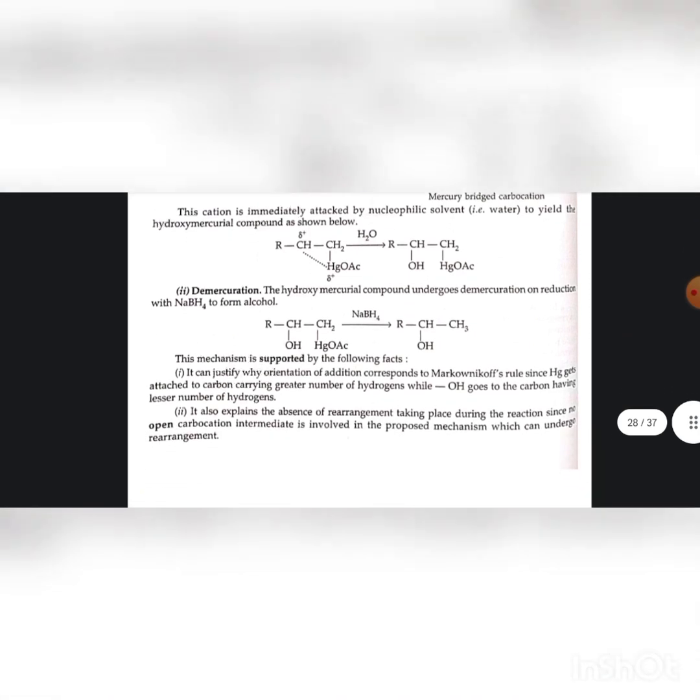This cation is immediately attacked by a nucleophilic solvent, that is water, to yield the hydroxymercurial compound as shown below. Second is demercuration. The hydroxymercurial compound undergoes demercuration, or reduction, with NaBH4 to form the alcohol. This mechanism is supported by the following facts.